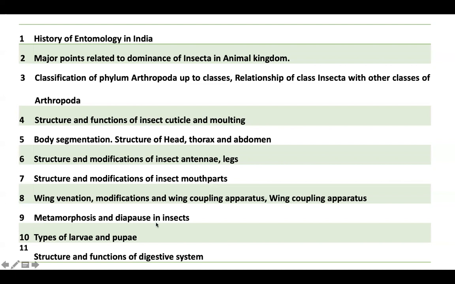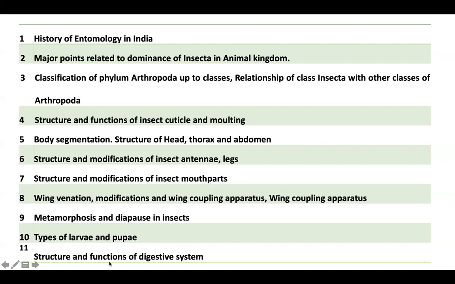Then metamorphosis and diapause in insects. How the insect grows, what all changes take place in the body, that is called metamorphosis. And diapause is a resting state. When the insect becomes inactive, they go to the rest stage, so that is called the diapause state. Then types of larva and pupa, what different kinds of larva and pupa there are.